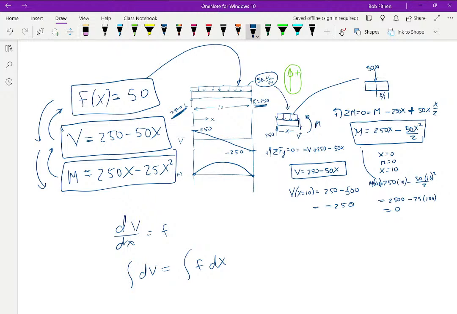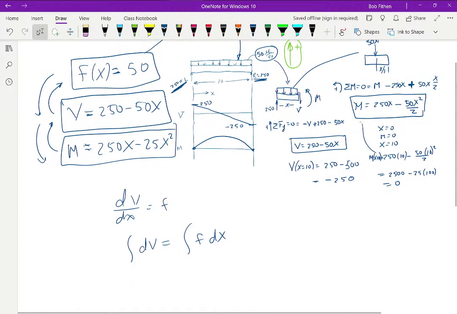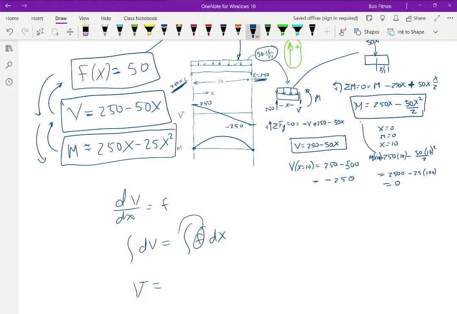Now here's what happens with this. Let's look at the right side. We're going to list this as not a definite integral, but an indefinite integral. So if you have this being a constant, you can take it out.